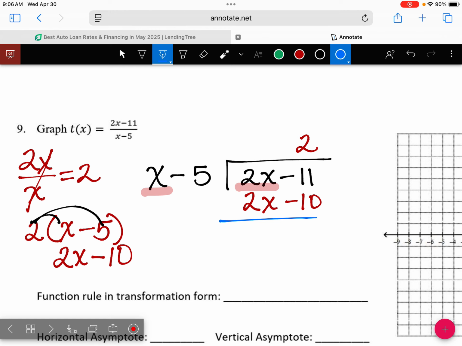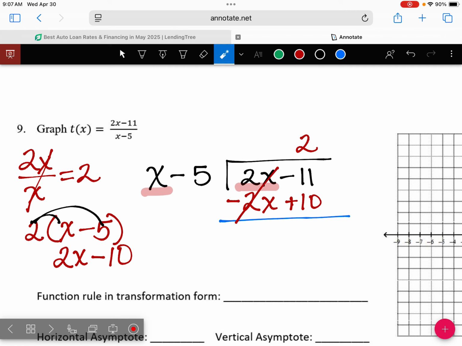What do I have to do with these signs in order to add them? Before I add them, what do I have to do with the positive 2x and the negative 10? Yep, you got to make the negative 10 positive, and the positive 2x becomes negative. Change. So this is now canceling out.